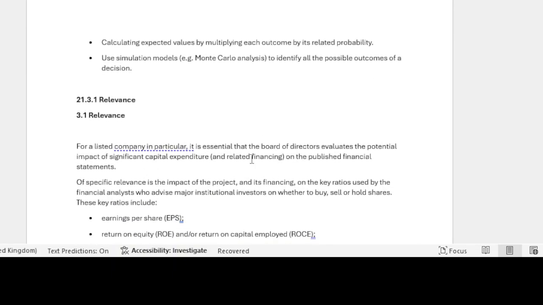So how relevant is it for doing risk management and planning in an organization? Of course, if you are a listed company, it's very important for you to assess the risks, because at the end of the day you're working on behalf of the shareholders, and these shareholders have a vision or a goal that they are looking at by the end of the financial year.